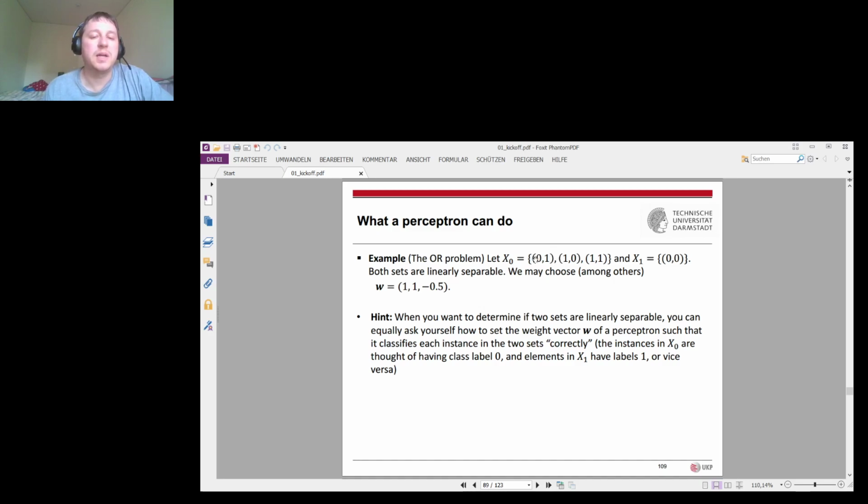So we multiply this point with the weight, and this gives 0 times 1 is 0, 1 times 1 is 1, so that gives a 1, and 1 times minus 0.5 gives 0.5. So overall 0.5 comes out. For this value here also 0.5 comes out. For this value here we have 1 plus 1 minus 0.5, which is 1.5. So all these three terms have positive numbers.